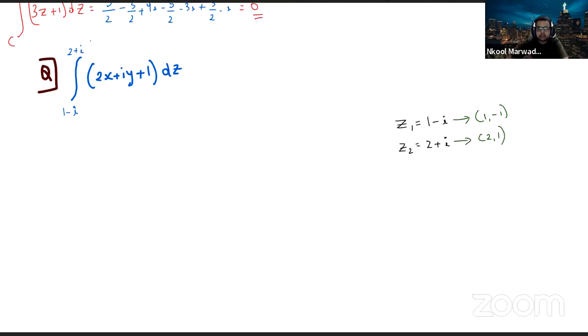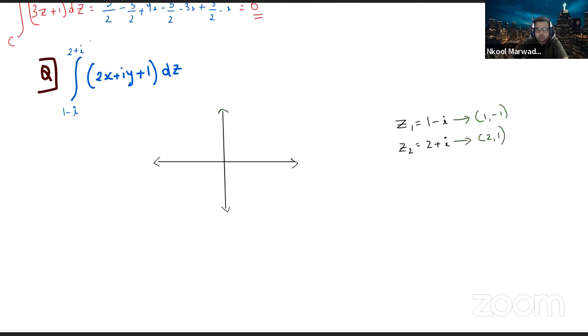These 2 points we can plot in the complex plane. Let us do that. This is the real part.